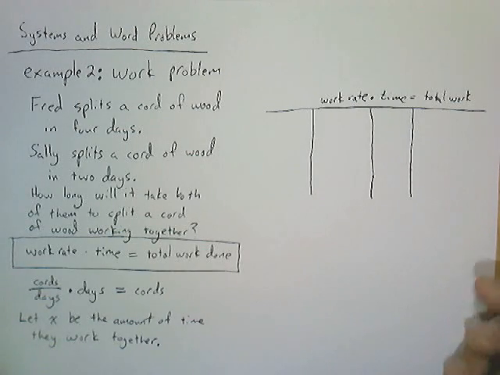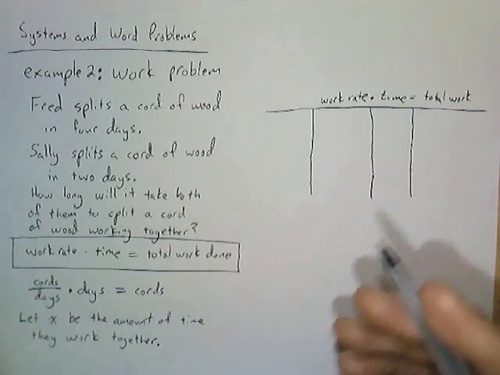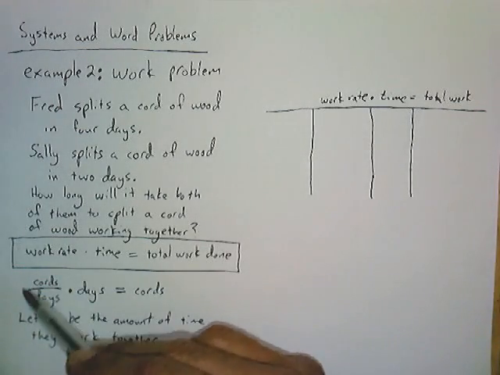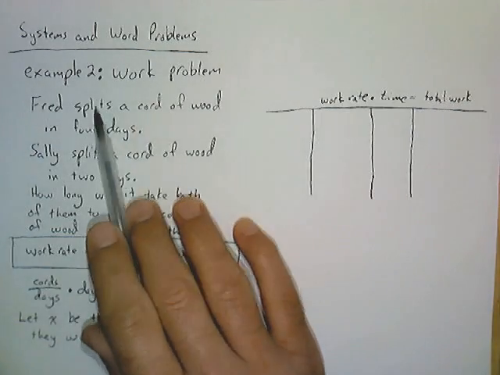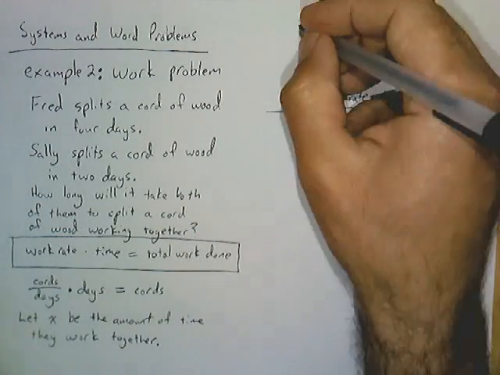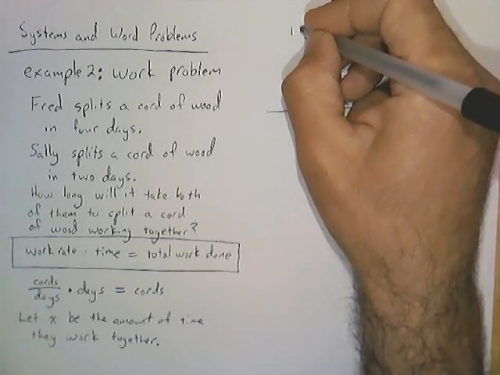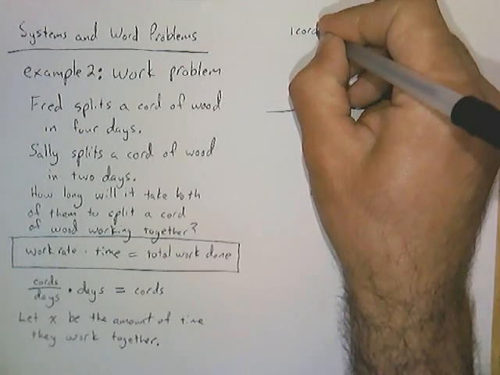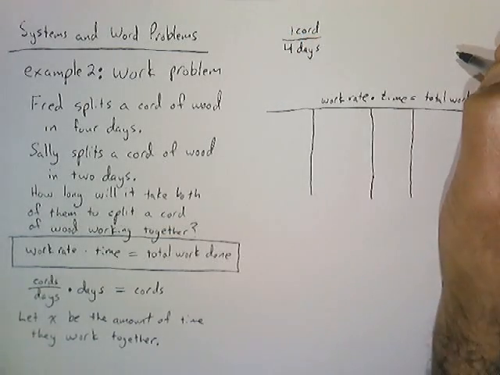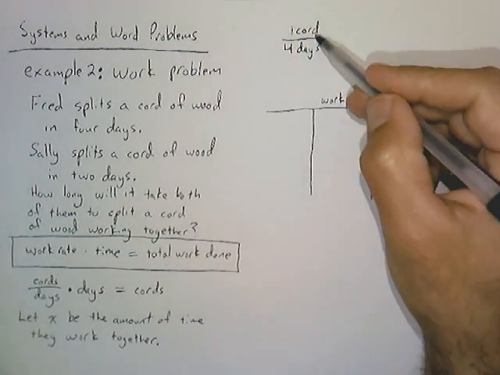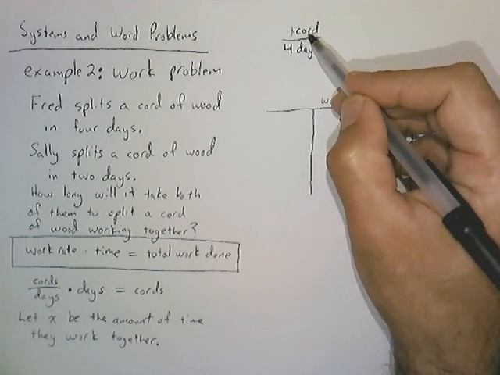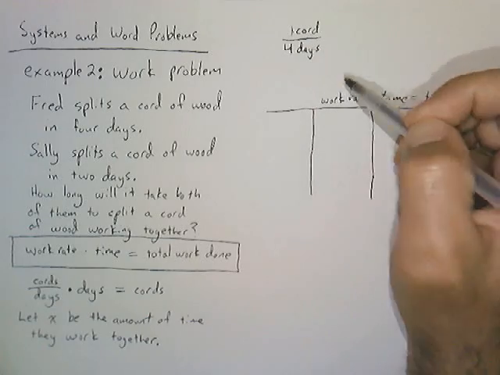Now one thing that we might want to consider, and this is where it usually throws people off, is this work rate and the units on them. See, Fred splits 1 cord of wood in 4 days. So 1 cord divided by 4 days. And keep in mind that units are actually factors. So there's a multiplication in between this 1 and this cord and this 4 and these days.